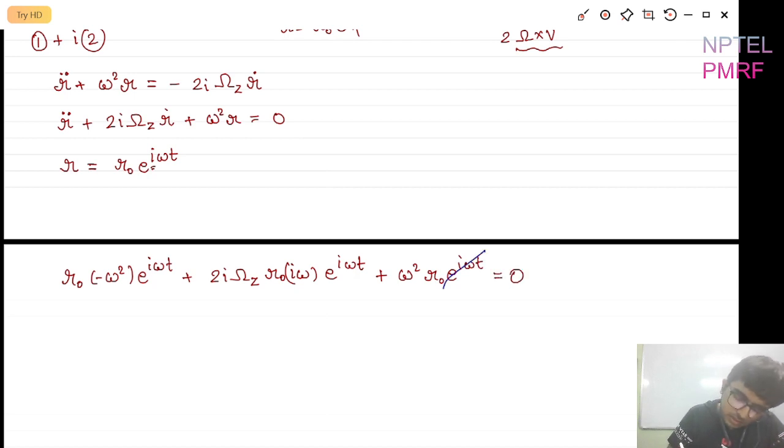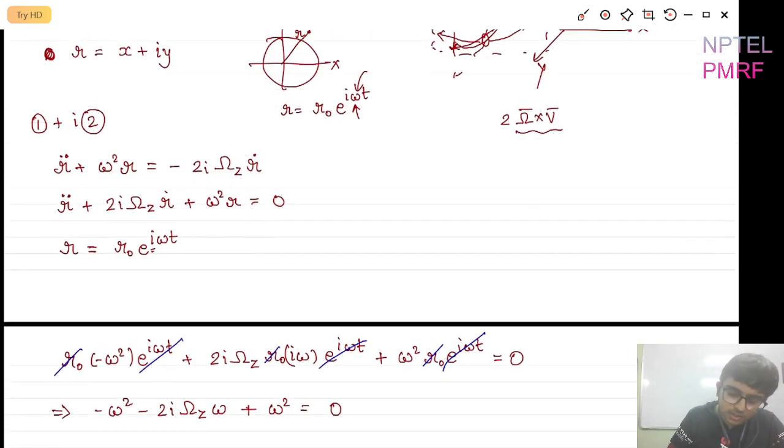Let's cancel out these exponentials, and then we can cancel out this r0 as well. Now the equation becomes minus omega square minus 2I omega z omega plus omega square is equal to 0. Okay, so I made one conventional mistake.